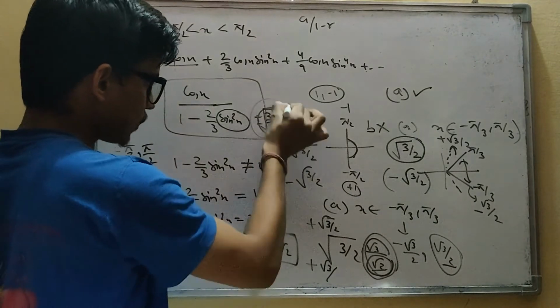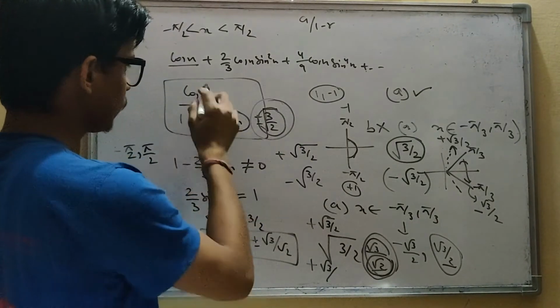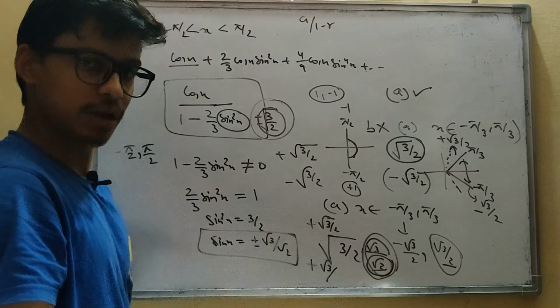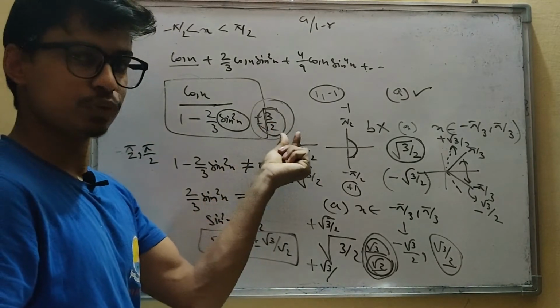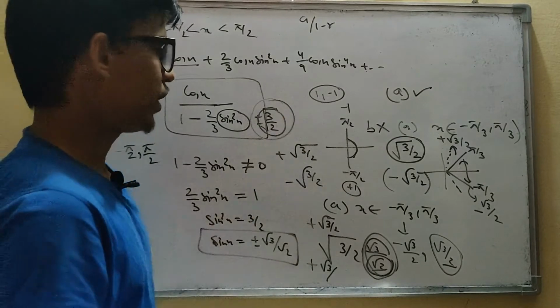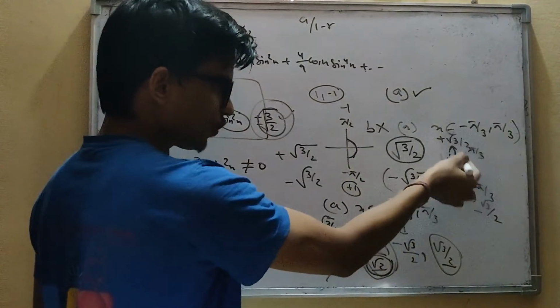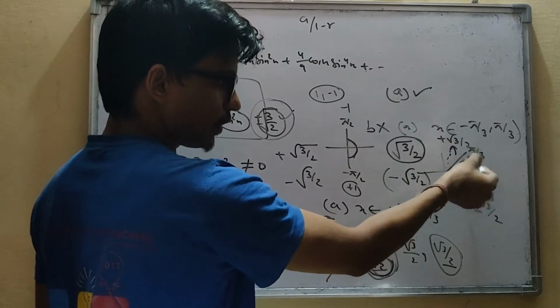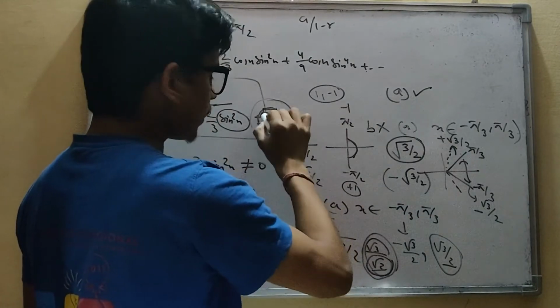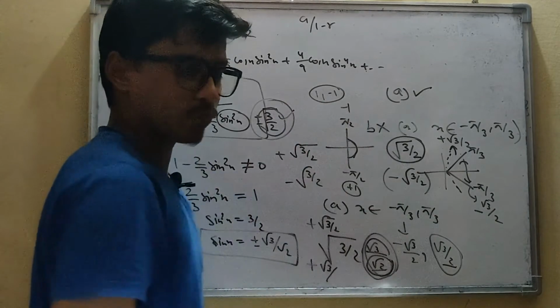The value of sin x which we want for it to be infinite is plus minus root 3 by 2, and this value is out of range for this. Means for all values of x between these, plus minus root 3 by 2 is not possible.